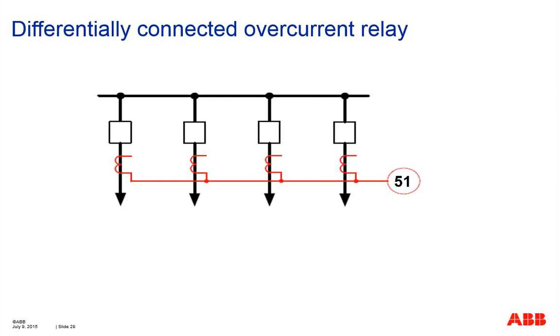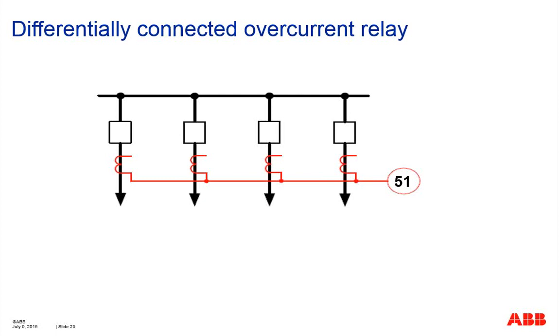Okay, and then a relay connected this way does not offer any solution to counter CT saturation. So basically, you have to be very confident that the fault level on the bus will not cause the CT to saturate.